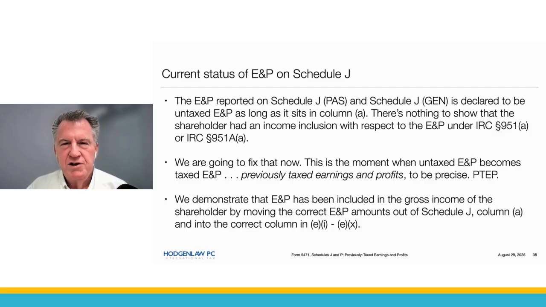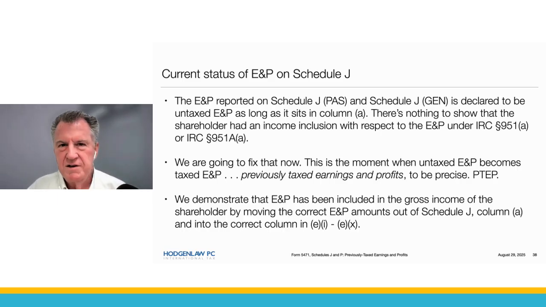There's nothing to show when it's in column A that there's been an inclusion or not. And so the way that you tell the IRS that there has been an income inclusion at the shareholder level is by doing subtract from column A, add to the correct column in E1 through 10.